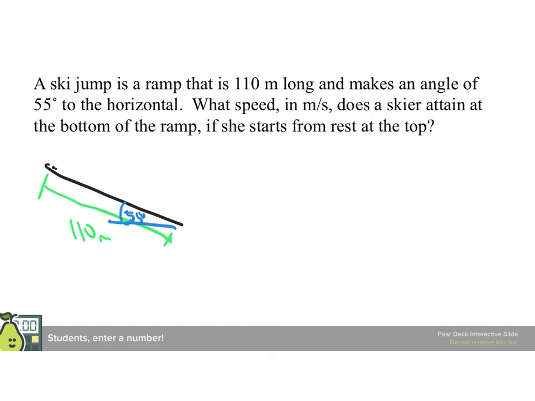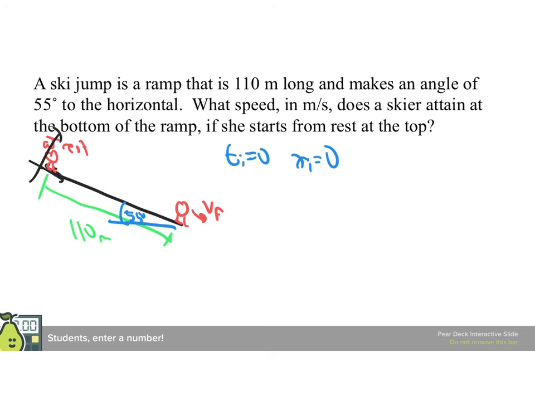Our skier starts at rest at the top. And we want to know at the bottom how fast is the skier going. Now, this is a one-dimensional problem, and so if we were to set up our problem, we'd have t_i is 0 and x_i is 0, because we might as well measure from here.